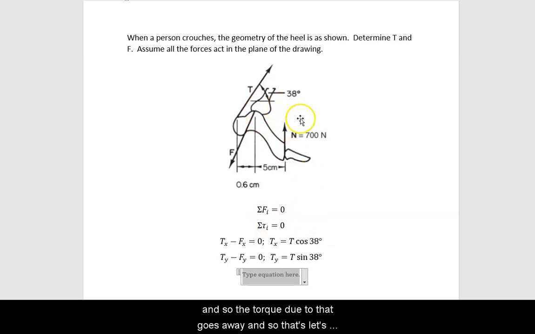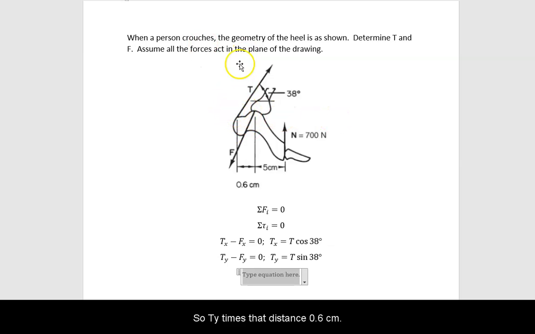So let's start looking at that. The torque due to the Achilles tendon is going to be Ty, which is vertical, because it's the component perpendicular to the line of rotation we're interested in. So Ty times that distance, 0.6 centimeters.